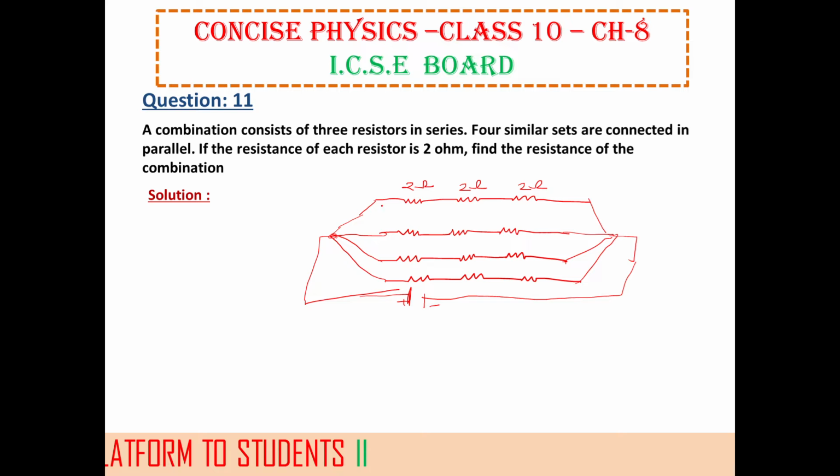Now find out the resistance of the combination. These 4 sets are in parallel. All these are 2 ohm, 2 ohm, 2 ohm. In every set there are 3 resistors in series. If I combine those, we get a connection like this.